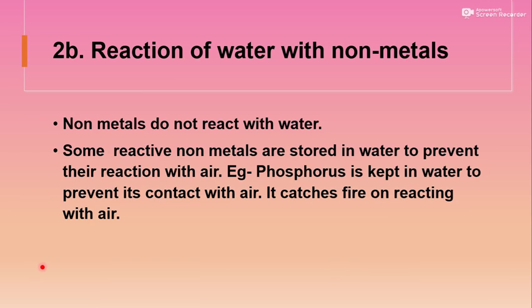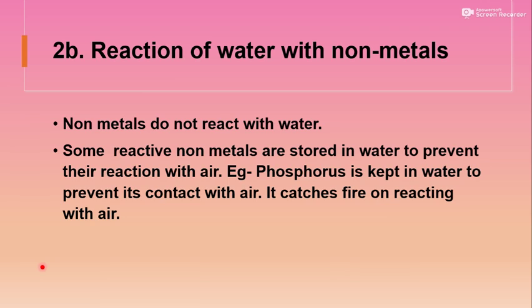Now you can make a comparison between these two activities. This one, activity of metals and non-metals. Metals form metallic oxide, non-metals form non-metallic oxide. Metals form oxides and these oxides are basic in nature, but non-metals form acidic oxides. So you can make a comparison of these two.